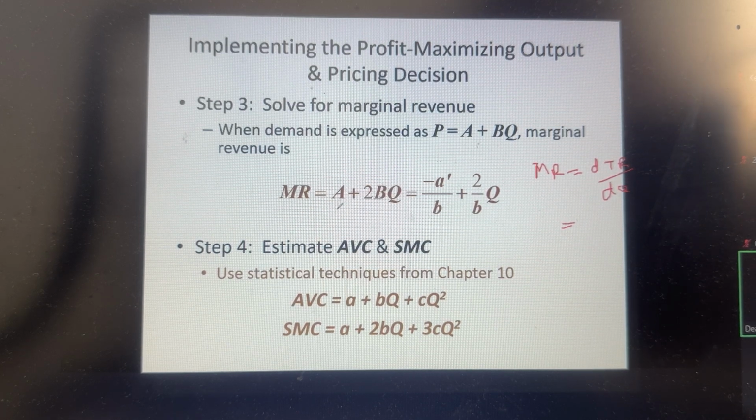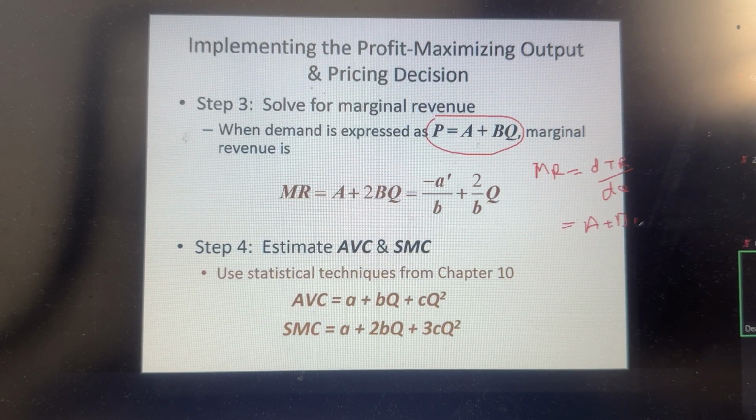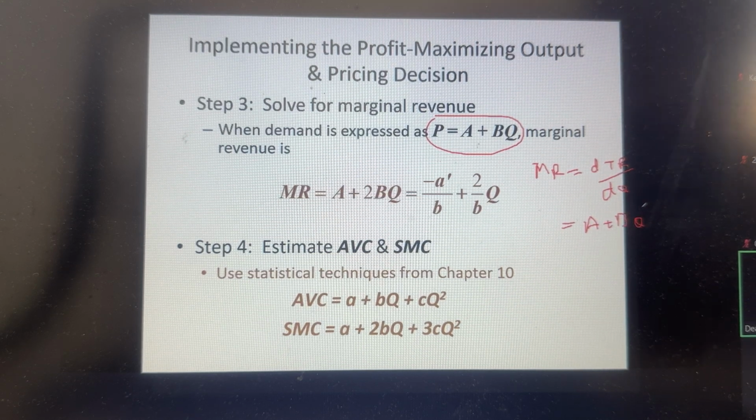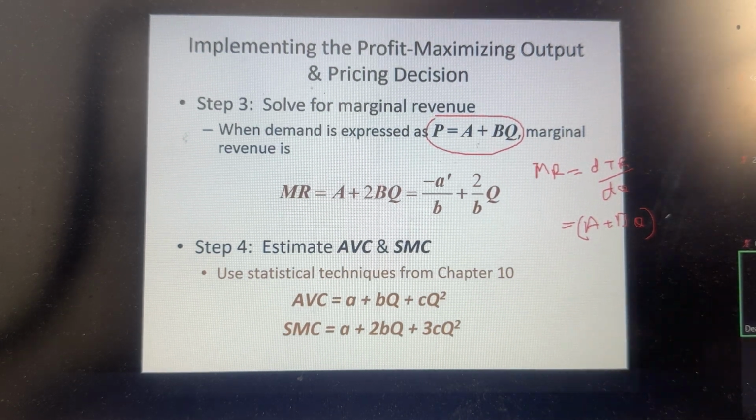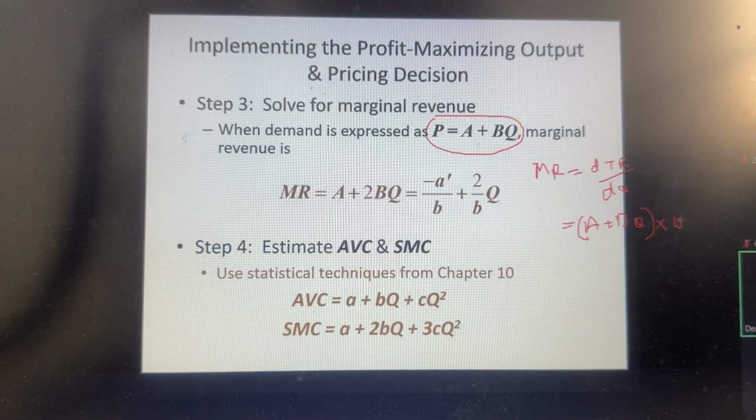So this is the inverse demand equation: P equals A plus capital B Q. To get the TR, you need to multiply this by Q. Then you will get AQ plus BQ to the power 2.